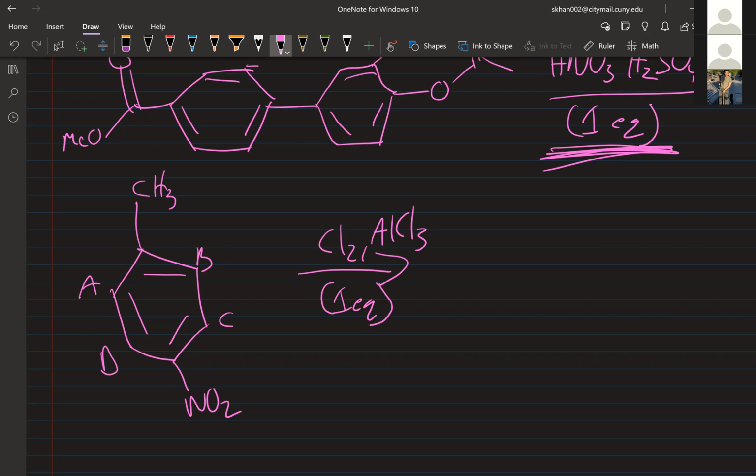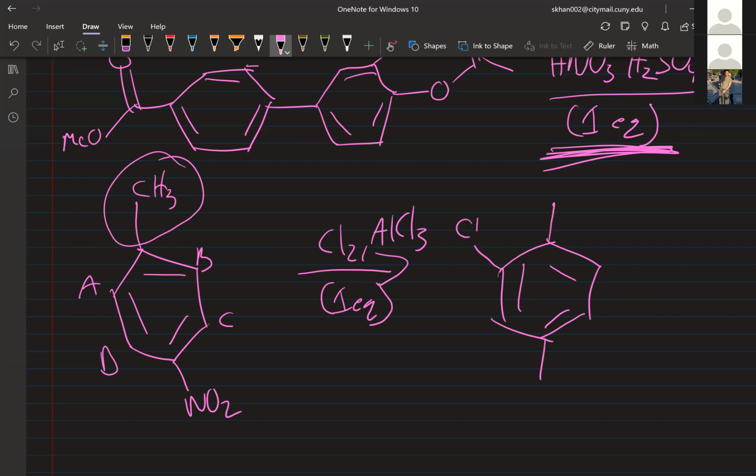The reason is that the alkyl group is the activator while the nitro group is the strongest deactivator, extremely electron withdrawing. Alkyl groups are weak activators, but they control the directing effects. A versus B are equivalent since this is a symmetrical 1,4 substituted benzene ring, so the answer would just be put there.